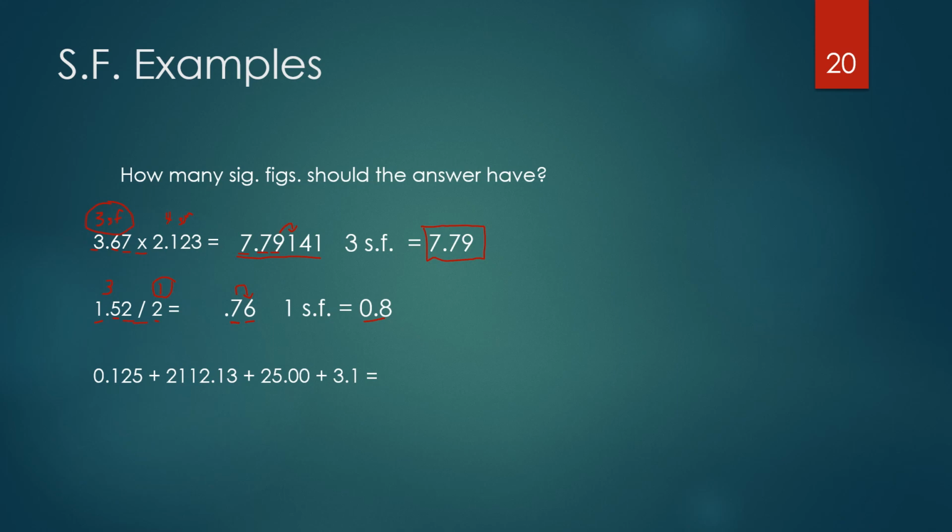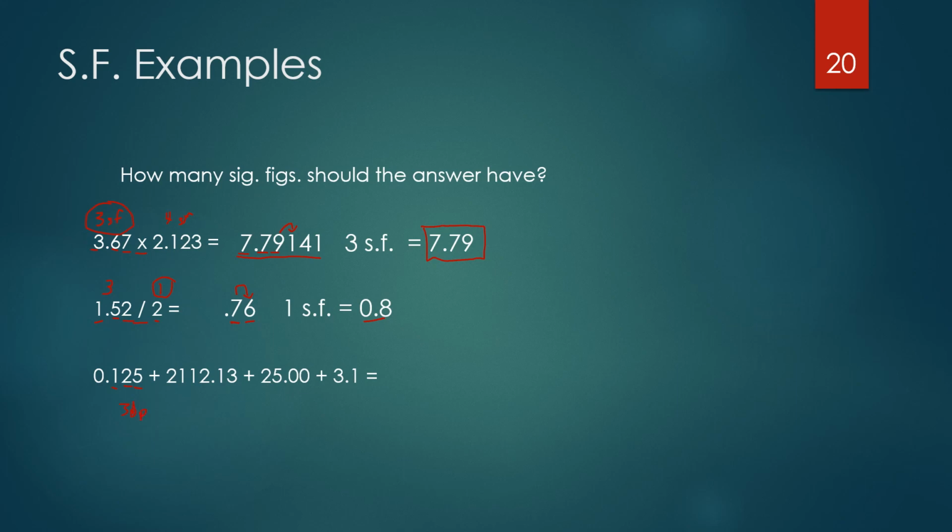Next, we have addition. With addition, remember this is different than multiplication and division. Now we're not looking at significant figures as a whole, we're just looking at how many places after the decimal point. So, decimal only. Counting decimals only, this first number, I'm going out to 3 decimal places. The next number, how many decimal places?